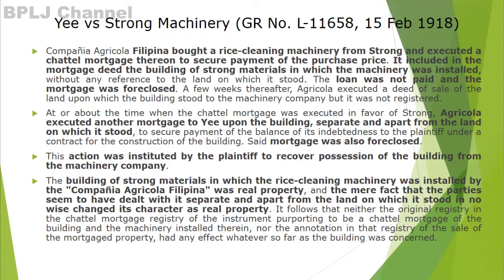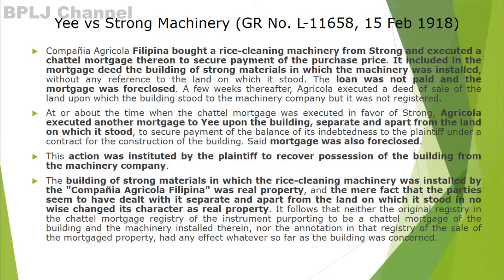The action was instituted by the plaintiff to recover possession of the building from the machinery company. So the building of Strong Materials in which the rice cleaning machinery was installed by Agricola was real property. And the mere fact that the parties seem to have dealt with it separate from the land on which it stood in no way changed its character as real property. Why? Because there is a third person involved. Remember, Agricola executed two mortgages.